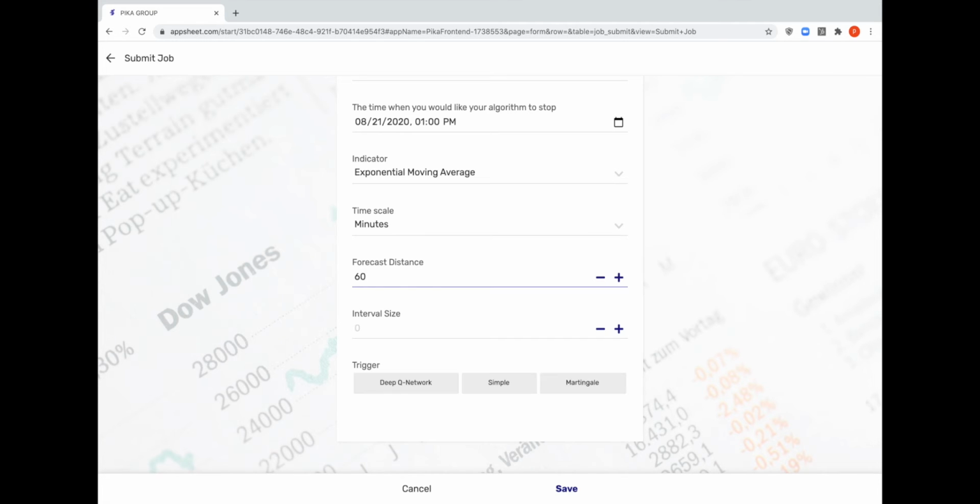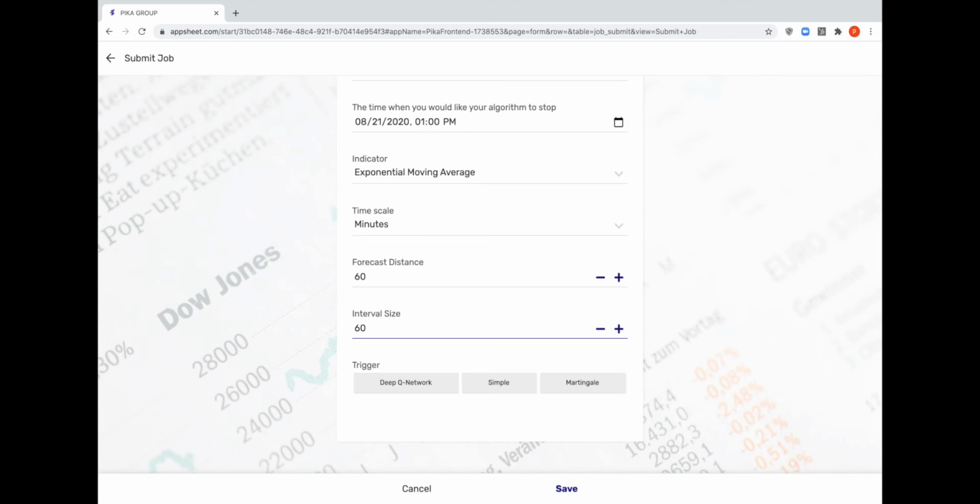And for the interval size, I can also put 60, which asks for how frequent I would like my algorithm to run. So here I'm indicating that I would like to predict 60 minutes into the future every 60 minutes. And if I were to put 30 here, this would mean that I would like to predict 60 minutes into the future every 30 minutes. For the purpose of this demonstration, I will keep it the same.